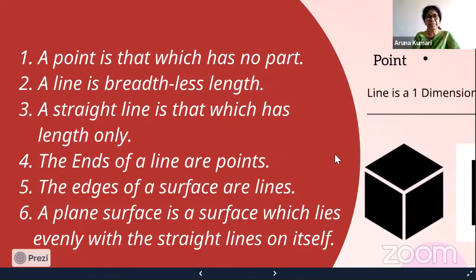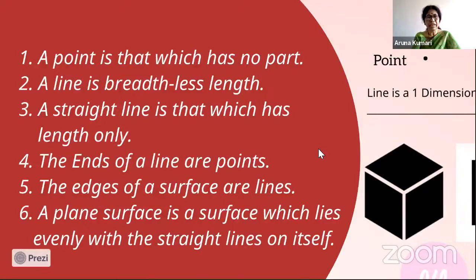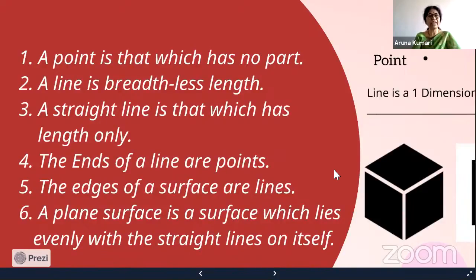Table surface, the top of the table, whatever it is. Now you may have an idea what you mean by surface. Surface means the tabletop, wall, floor. These are called surfaces. Understand? The definition will come afterwards.